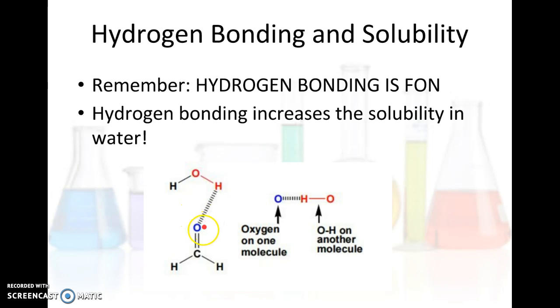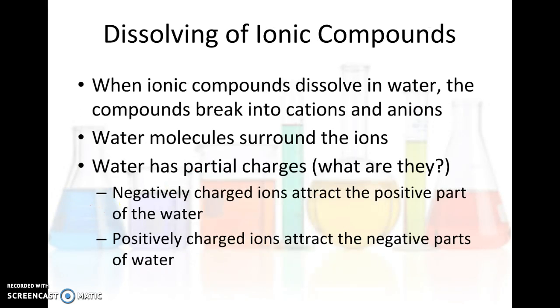You can see here that with formaldehyde, that molecule there, will hydrogen bond with this hydrogen to create very great solubility of formaldehyde in water. Now looking at ionic compounds, such as sodium chloride, when the ionic compounds dissolve in water, the compounds break down into cations, positive ions, and anions, negative ions.